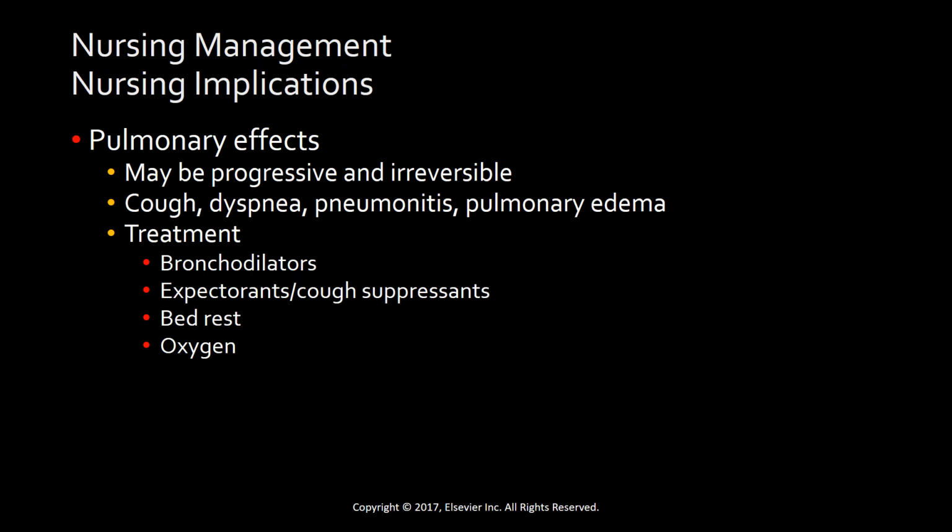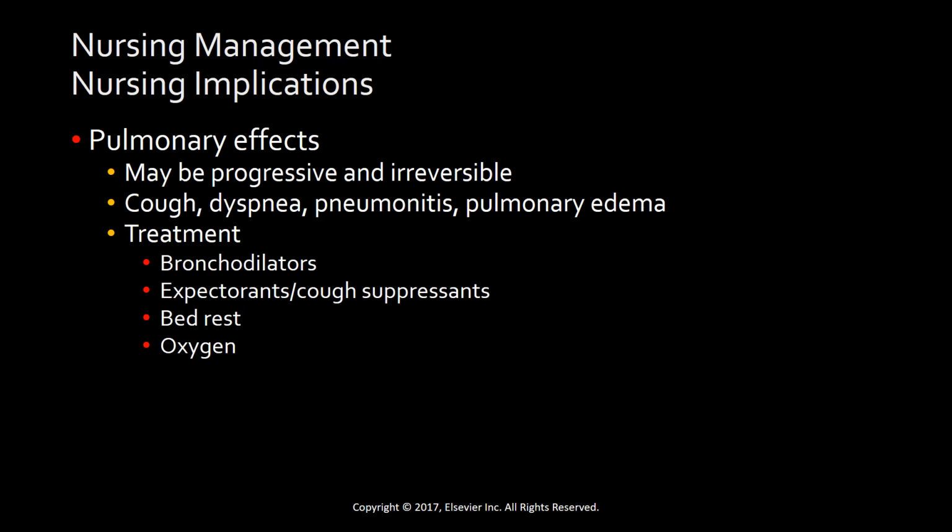Pneumonitis. This is an example of a delayed acute inflammatory reaction that may occur within 1 to 3 months after completing radiation. Some patients may develop pulmonary fibrosis with or without prior pneumonitis, which is a late effect of therapy.